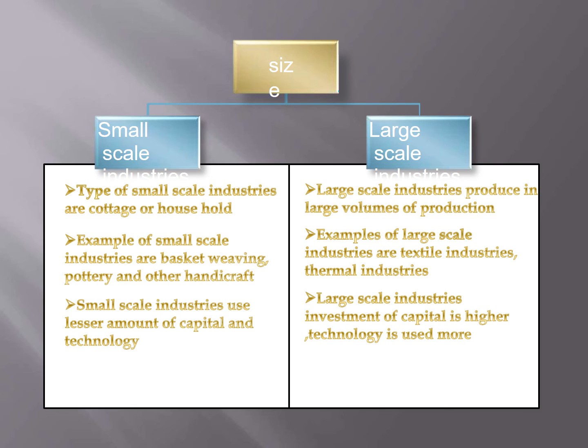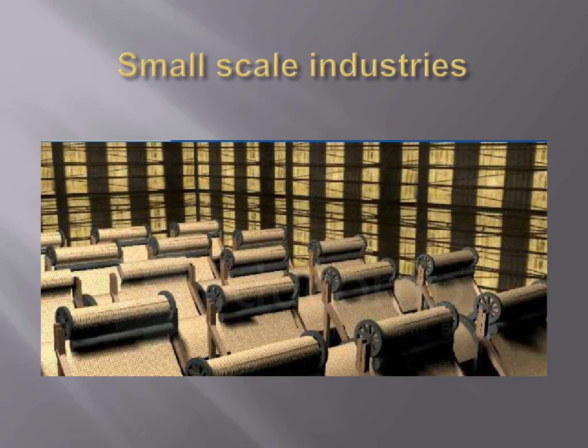Here a lesser amount of capital is being invested, and the technology is also not very updated. Opposite happens in large scale industries. There is a large volume of production, investment of capital is very huge, and the technology which is used is also very advanced. An example is textile industries and so on. This is the picture.